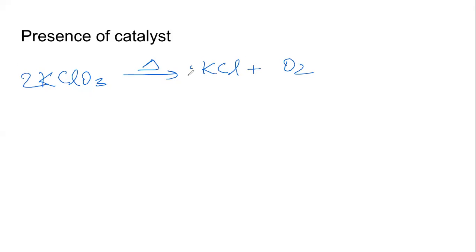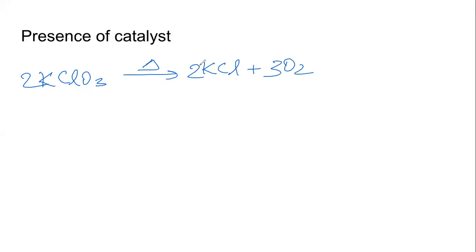Now, if we take another reaction where potassium chlorate, KClO3, and we heat it. When we heat it, it decomposes into potassium chloride and oxygen gas is released. When we balance it, we will get a 2 here, a 2 here, and a 3 here.